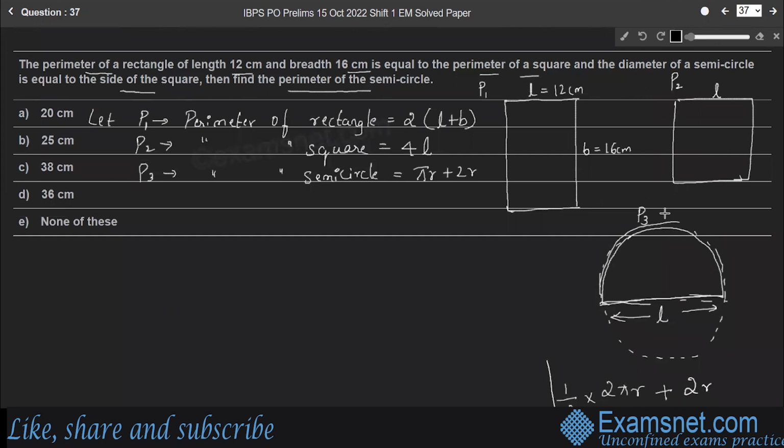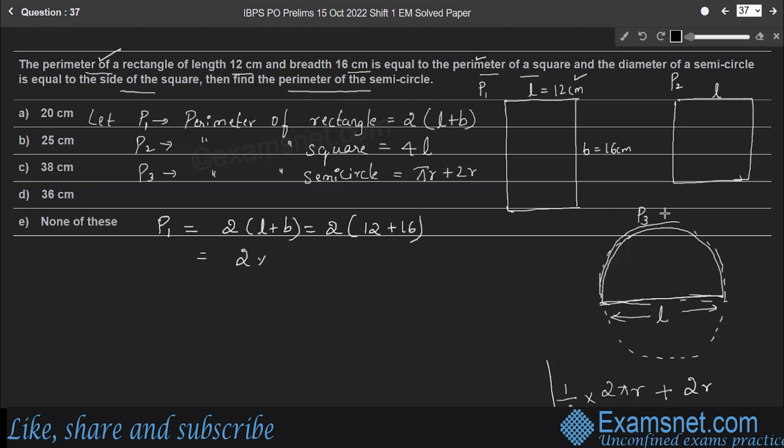Now, here it is given that the perimeter of the rectangle is equal to the perimeter of the square. So now find the perimeter of the rectangle. P1 is 2 times length plus breadth. So 2 times, length is 12 centimeter, breadth is 16 centimeter.